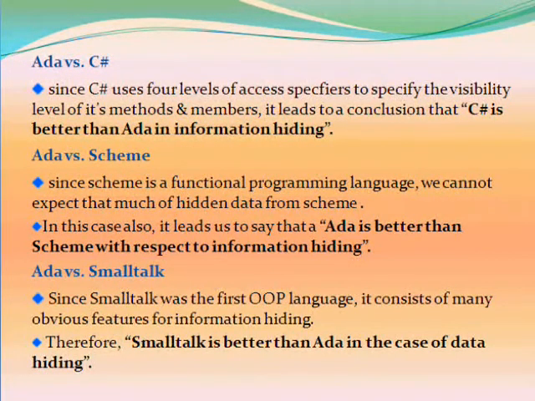We can conclude that C# is better than Ada in information hiding, as C# uses 4 levels of access specifiers, specifying the visibility level of its methods. Ada is better than Scheme with respect to information hiding, as Scheme lacks data hiding since it's a functional programming language.